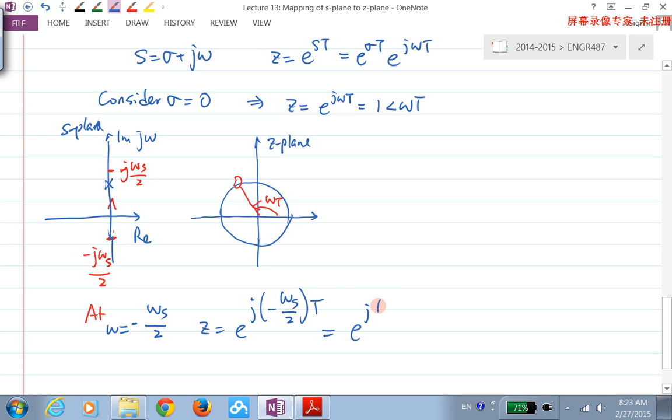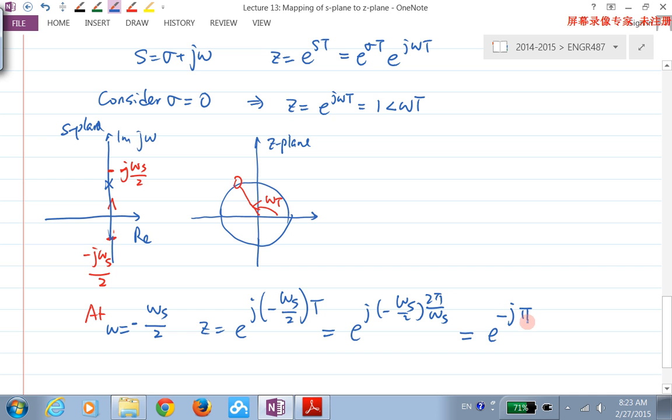So what does that equal now? This equals e to the power of negative j pi.